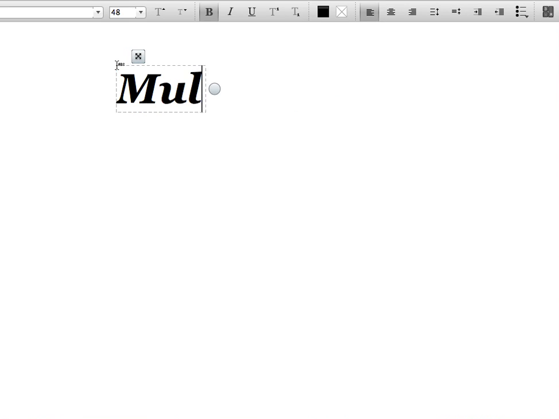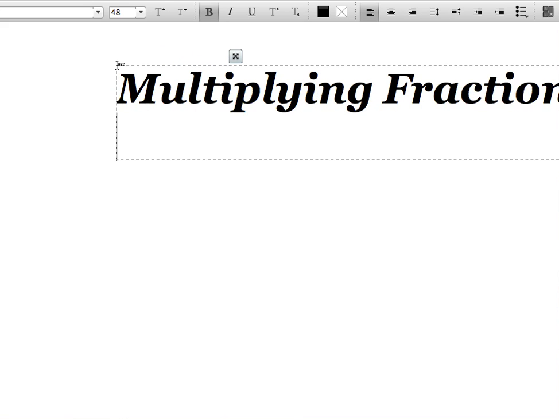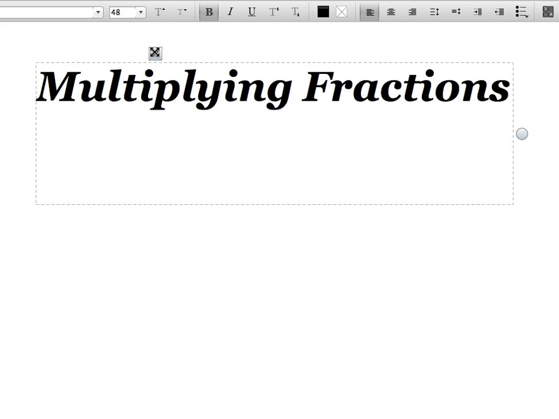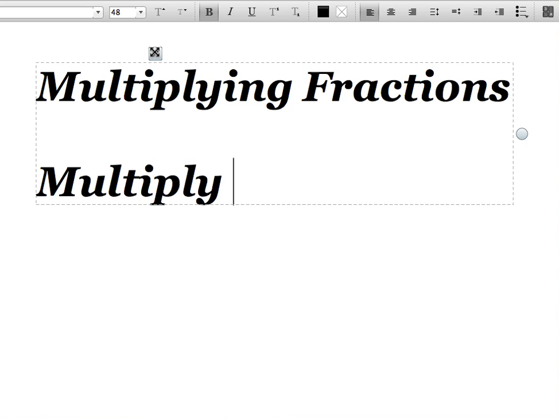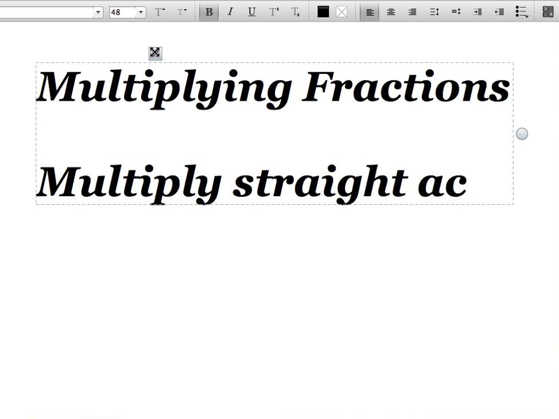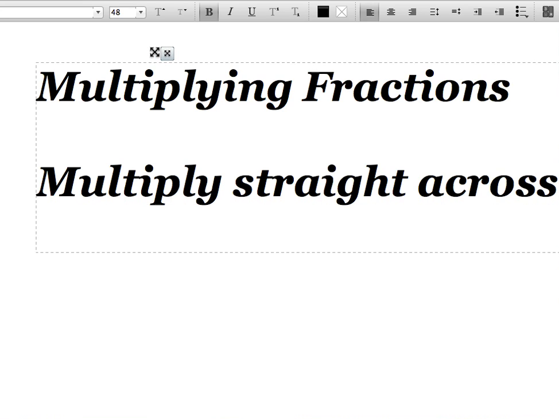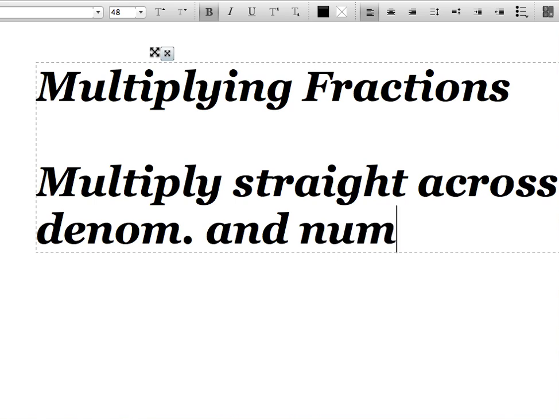All right, that is the end of the lesson. I know it was a quick review from yesterday. The big idea that you need to remember when multiplying fractions is that you simply need to multiply straight across, for both the denominator and numerator, so both your top and bottom, multiplying straight across.